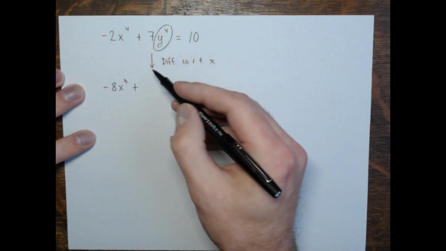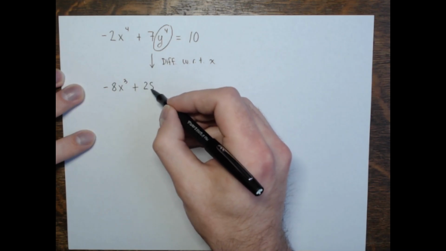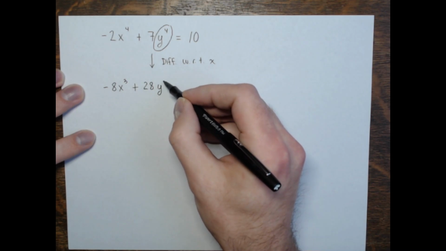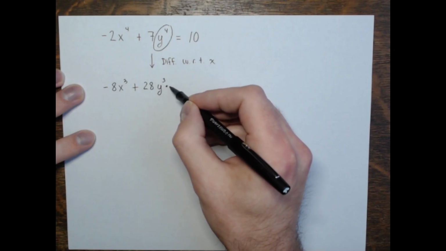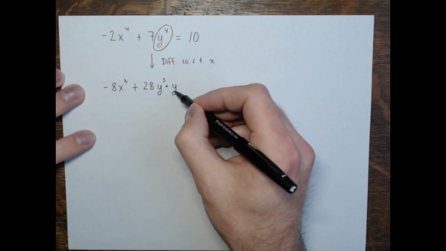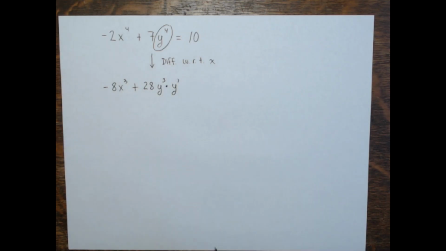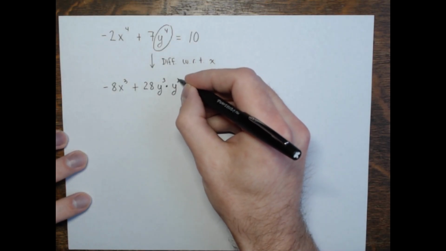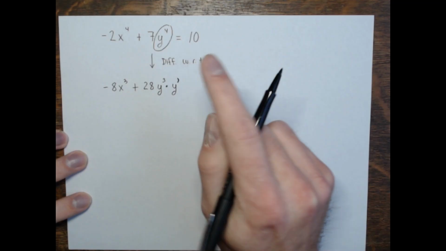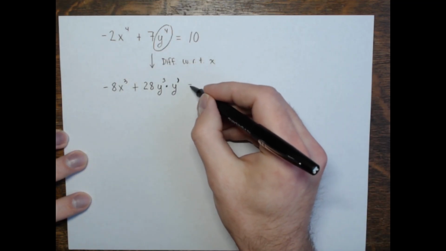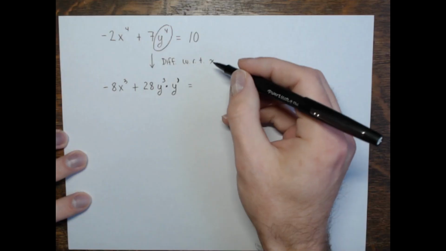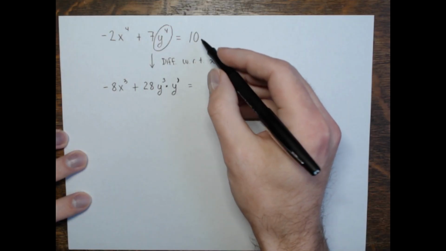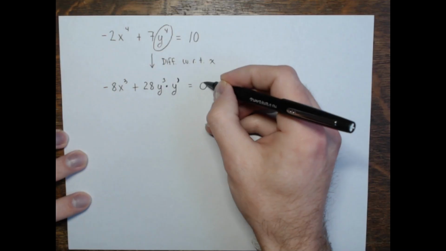So times the 7 out here, this would be 28y cubed, but then chain rule right afterwards times the derivative of the expression inside, so times y prime. And try to make your primes look less like ones, right? So y prime. All right, so that takes care of the left side, and again, the right side is a constant, so the derivative 0.